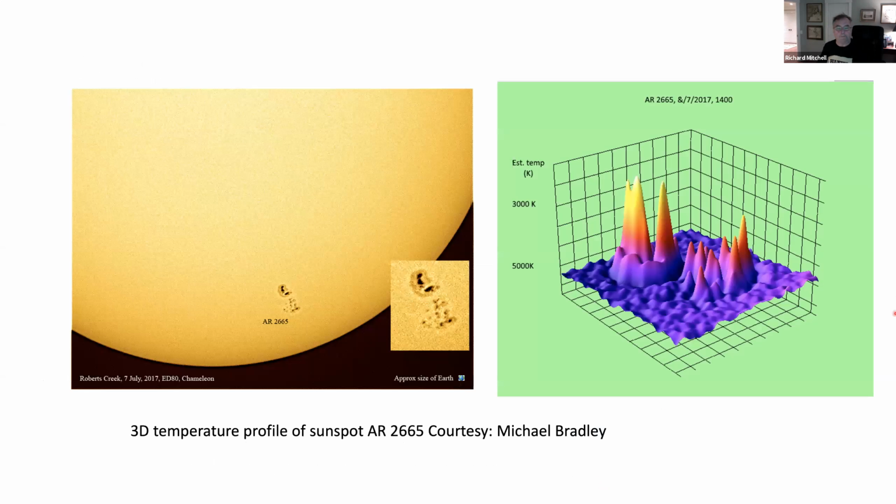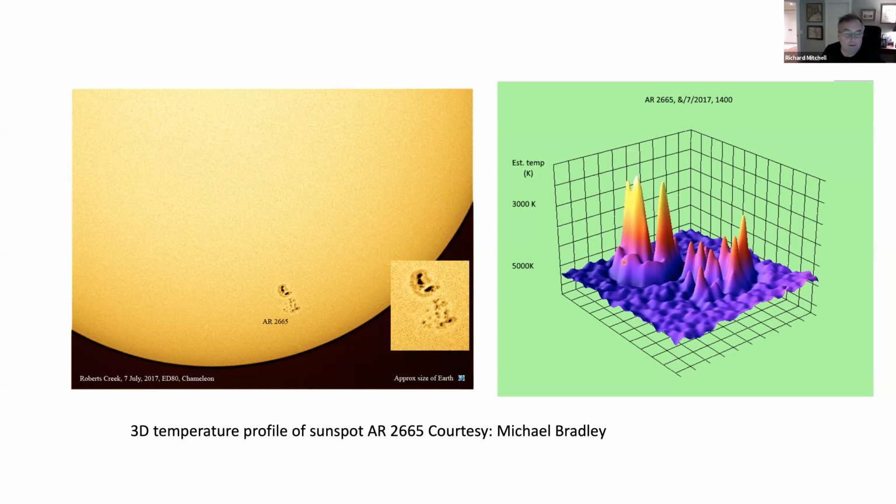This is an image that Michael took, which is quite interesting because he's plotted a sort of inverse plot of temperature. It's a sort of 3D thermal map of temperature.